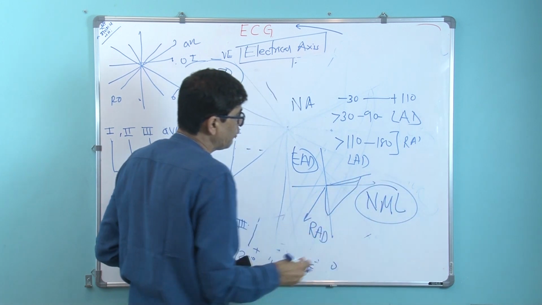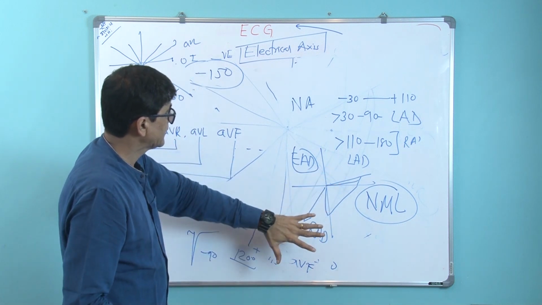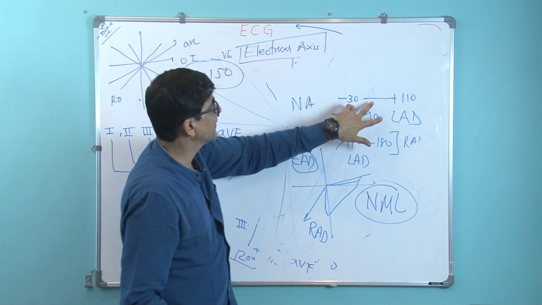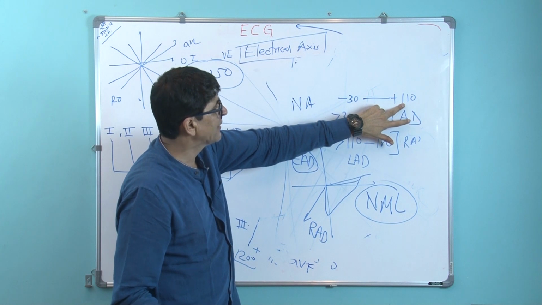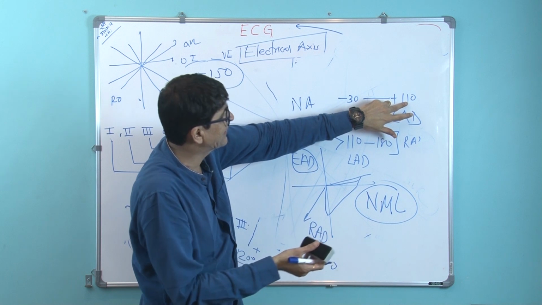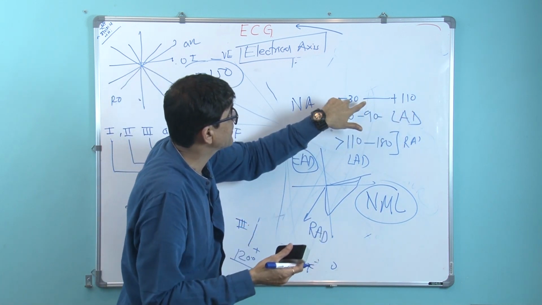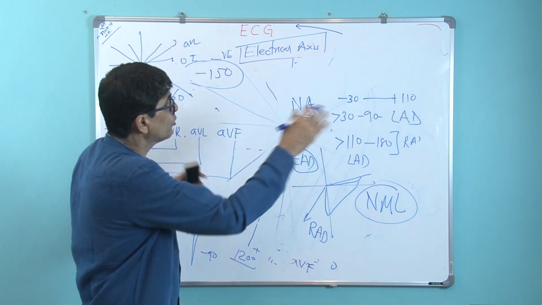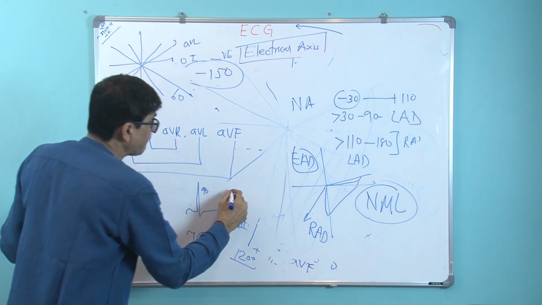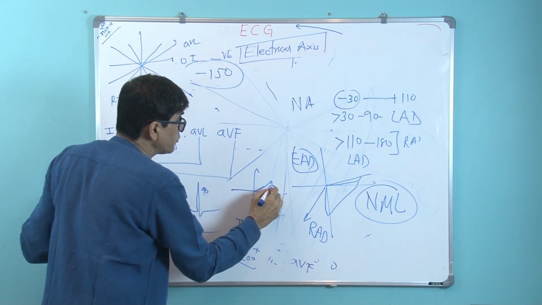I will show you this example also, and I will take a few examples of how to calculate axis. Okay, that's all. Normal axis is minus 30 to 110, or some people take 90, some books have mentioned 100, some books have mentioned only minus 30 to 90. Whatever, minus 30 is leftward axis, it is left sided, but it is in the normal zone.